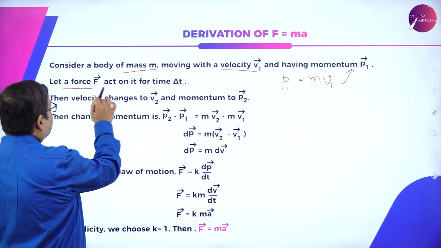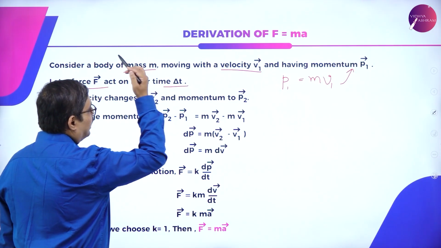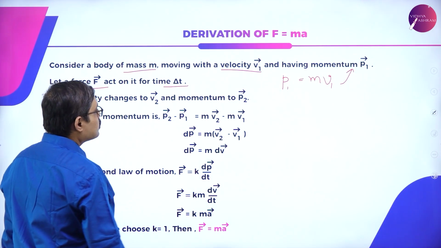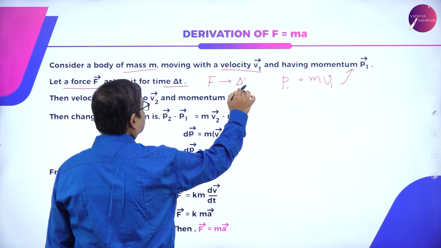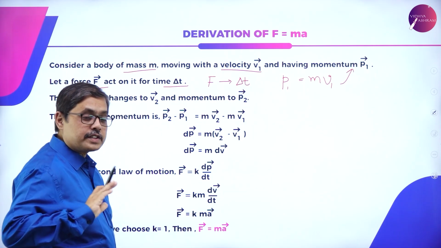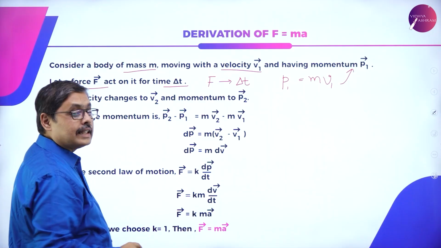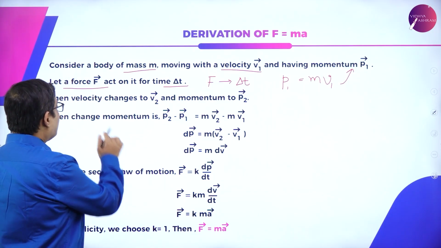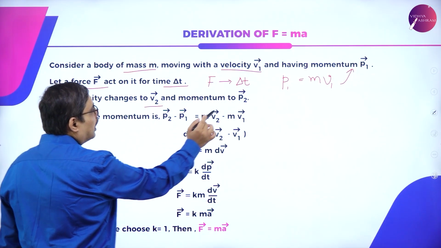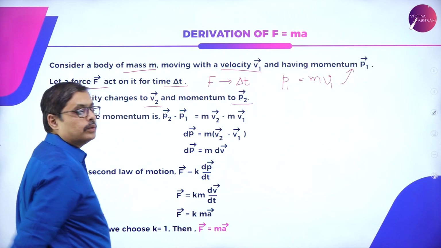Let a force F act on it for a time delta t. Okay. So one force is acting on it for a time delta t. Once a force is applied, the momentum will change. There will be a change in momentum. So the velocity changes to v2 and the momentum changes to p2.